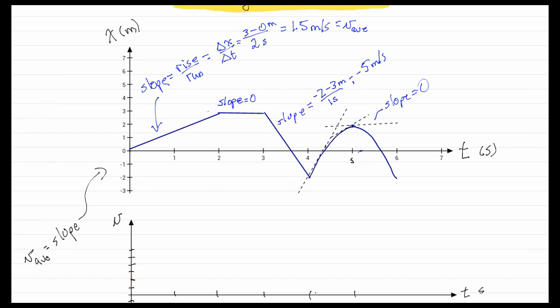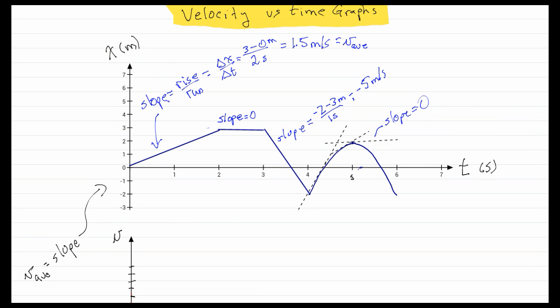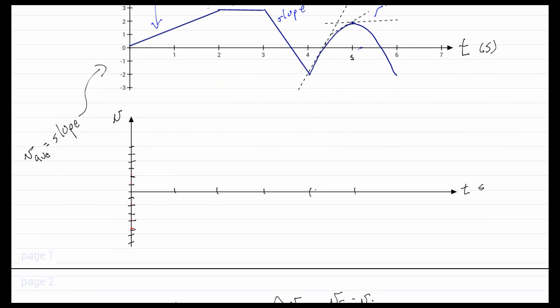The velocity is constant over that time interval because we have a straight line. It's linearly increasing, and the slope of that line was 1.5 meters per second. So that means the velocity for the first 2 seconds is 1.5 meters per second. So we can actually plot that.